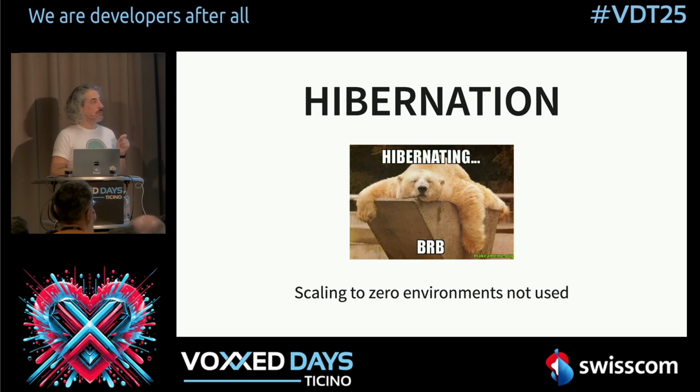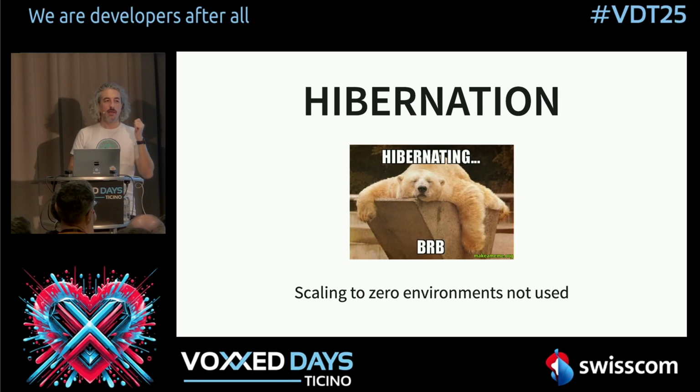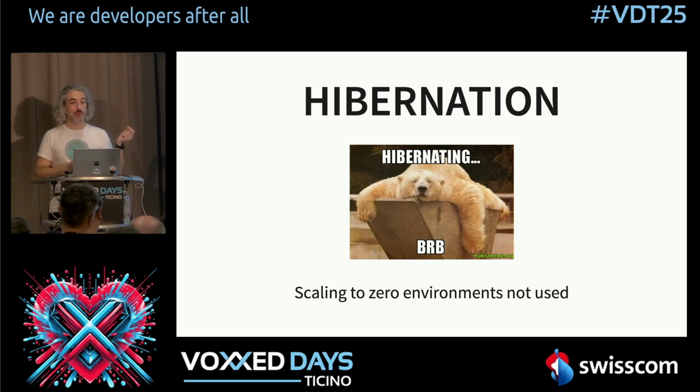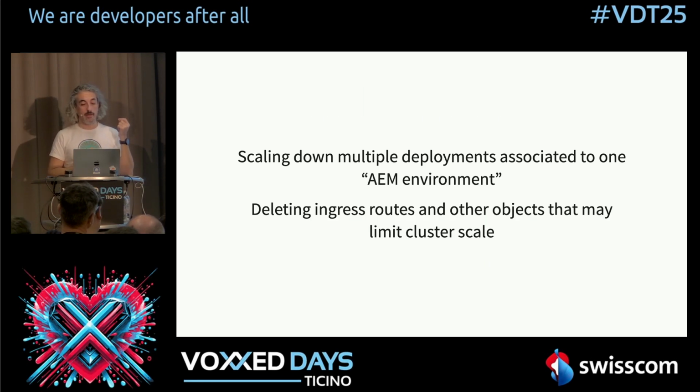Something that we build ourselves is something that we call hibernation. Some environments, development environments, well, we call them sandboxes, we can scale them to 0 when they're not used. So we use a metric that says when was this environment last accessed. If it's over 4 hours, we just scale down to 0.